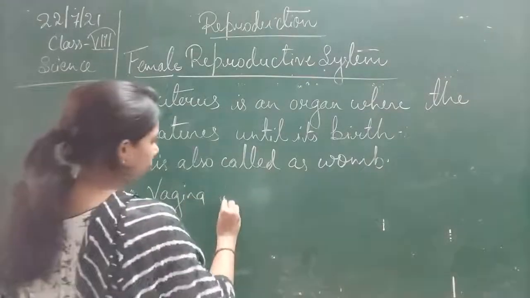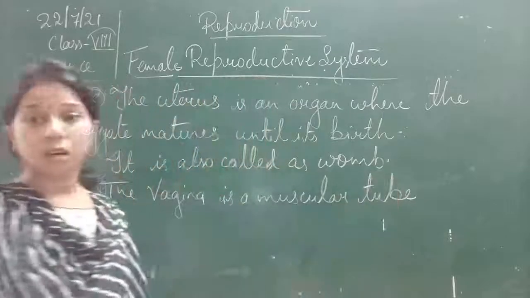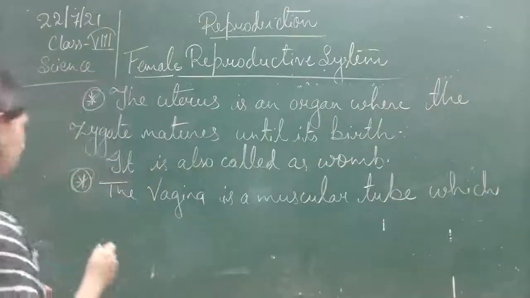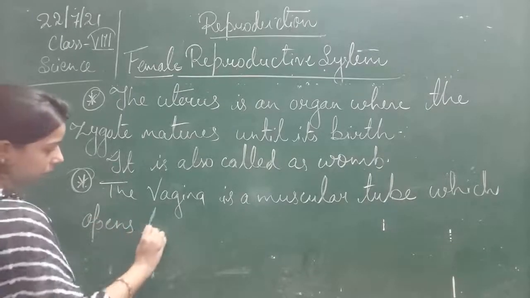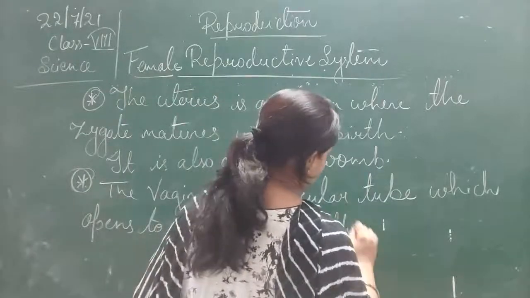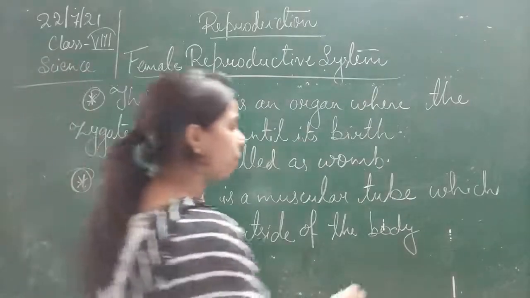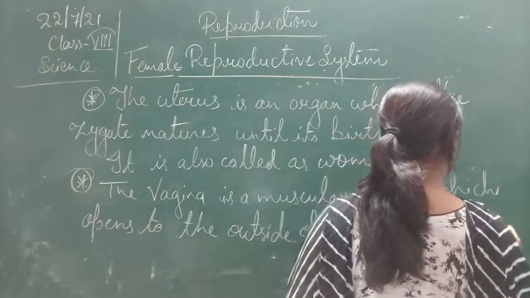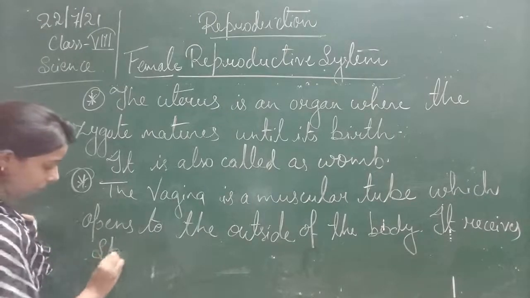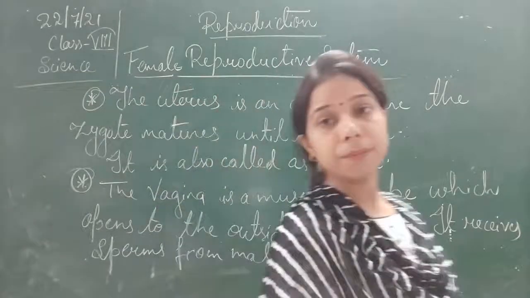The vagina is a muscular tube which opens to the outside of the body. It receives the sperm from the male.